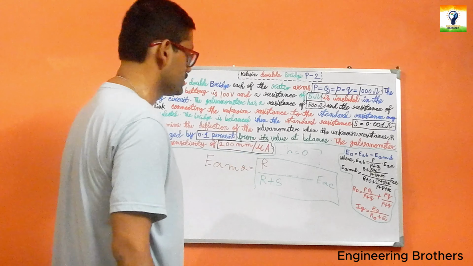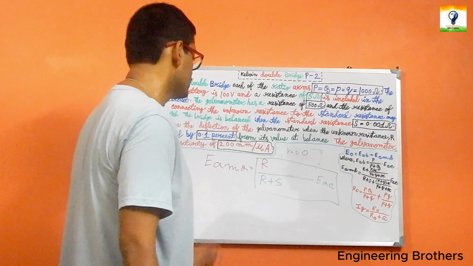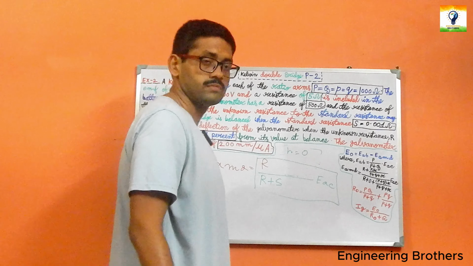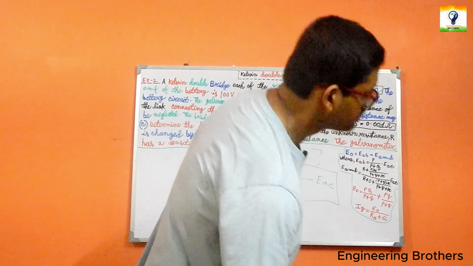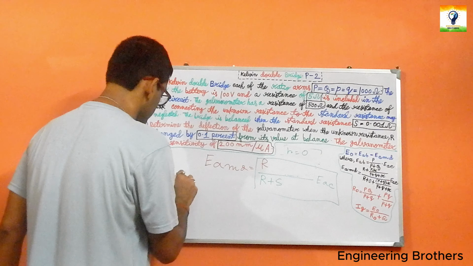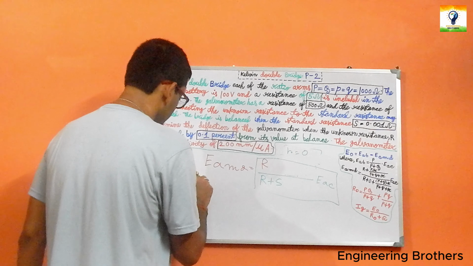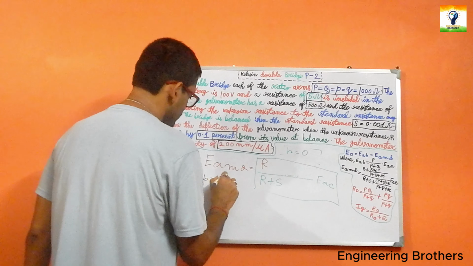Ultimately I got the expression r divided by r plus s multiplied with our EAC. So this is the expression for our EAMD. Now, what is the ultimate expression for our E0? E0 is nothing but EAB minus EAMD.